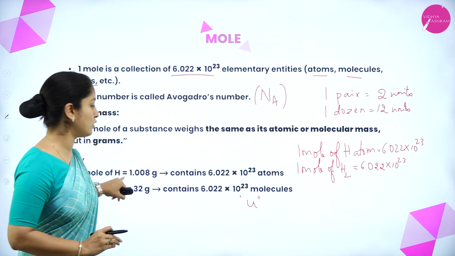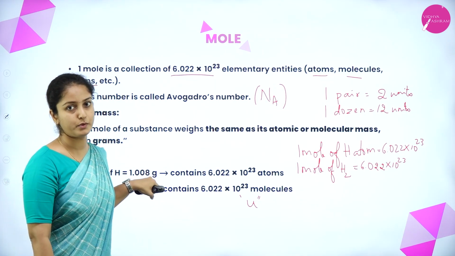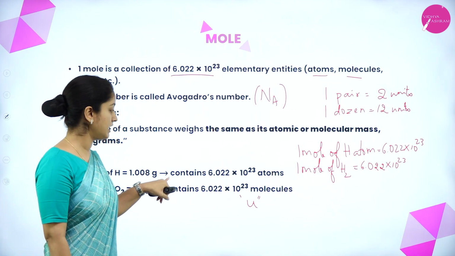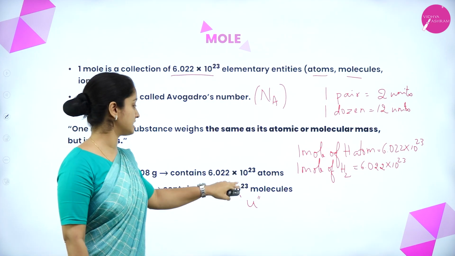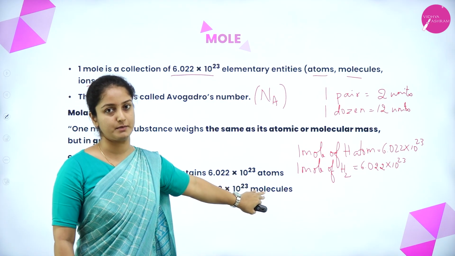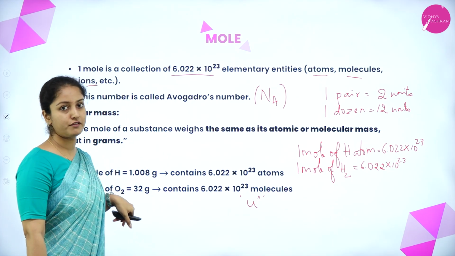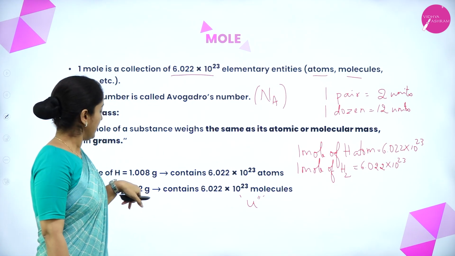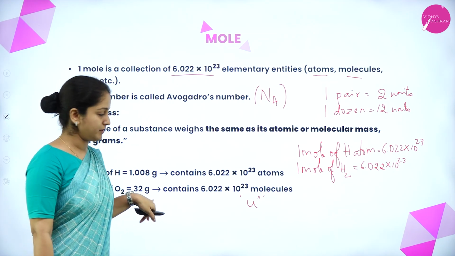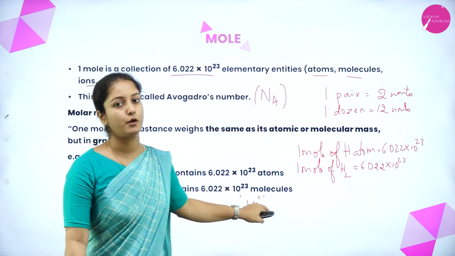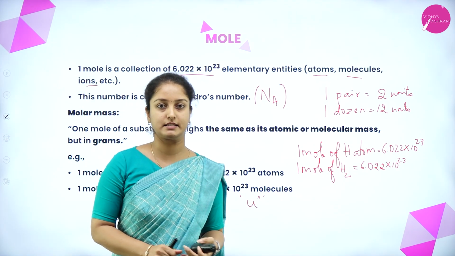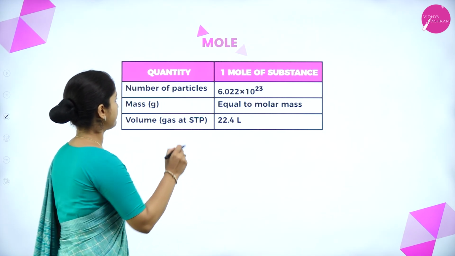Suppose 1 mole of hydrogen weighs 1.008 grams. That means it contains 6.022 × 10^23 particles. And 1 mole of oxygen molecules, suppose it weighs 32 grams, then it contains Avogadro number of particles. Now let us analyze this table.